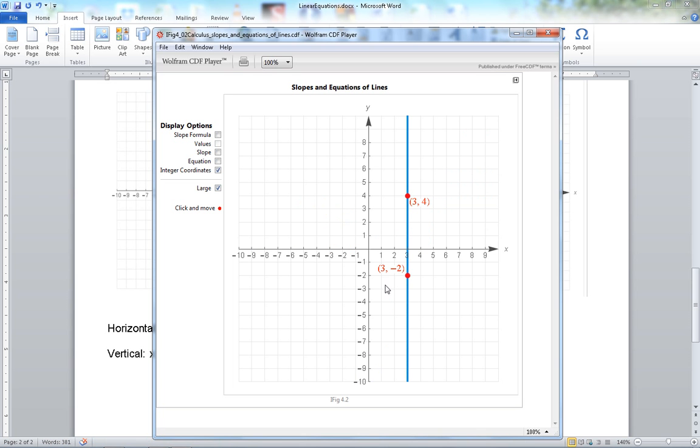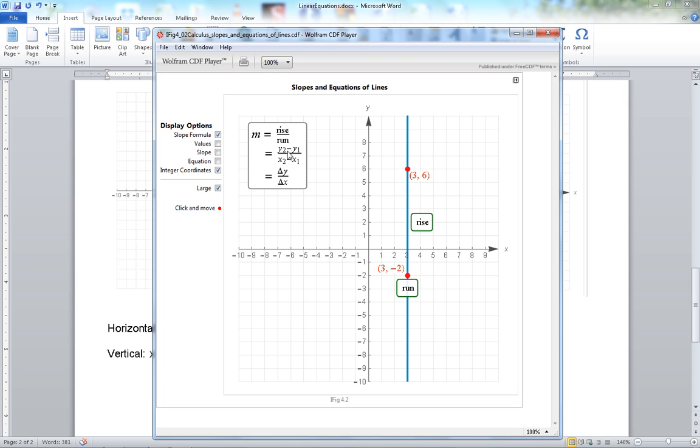Notice the x-coordinate is 3 no matter where I move to points on the line, but the y value can change. Now if we tried to subtract the two y values, we would get like 6 minus negative 2, so we would get 8 in the numerator of our slope formula.